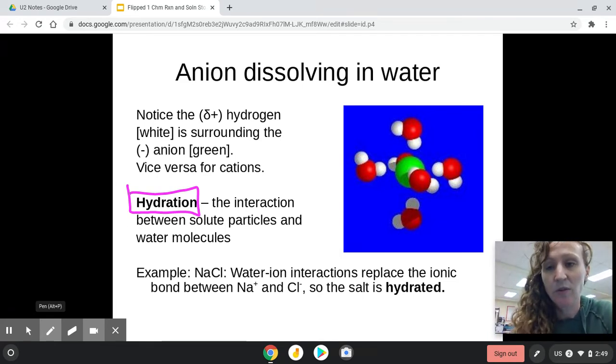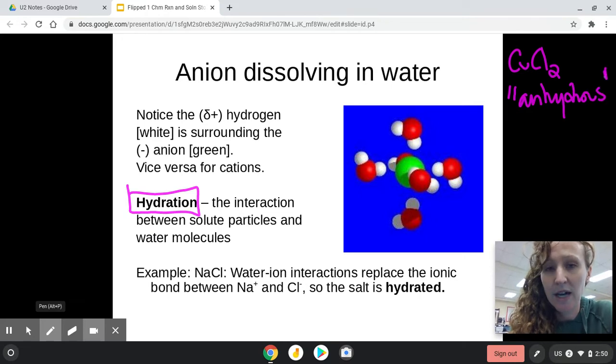We talked about this before with copper(II) chloride, right? We can have anhydrous copper(II) chloride, which is copper(II) chloride that is dried, where all the water has been driven off of it.